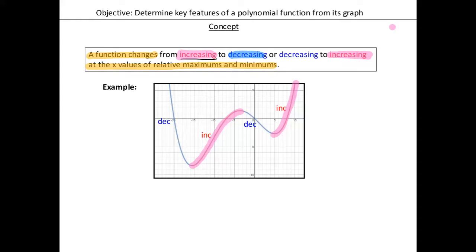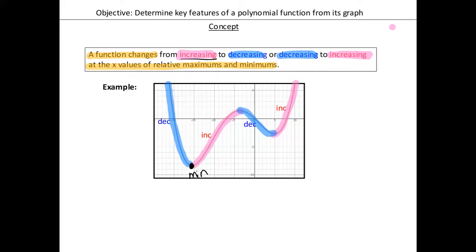So for my decreasing, I'm going to use blue, so I can see decreasing from the top to the bottom, and from here from the top to the bottom. And if you notice, it changes from pink to blue at this point right here, which is a maximum.